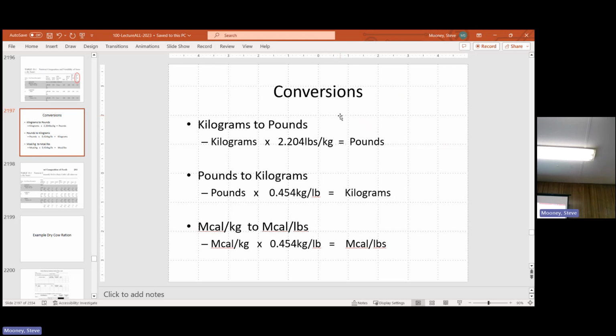You have the total ash, which is what we had in table 15.1. You'll have your macro minerals, the next 7 columns: calcium, phosphorus, magnesium, potassium, sodium, chloride, and sulfur. And then we'll have a bunch of micro minerals. The last 8 columns there are all micro minerals that are present in feeds.